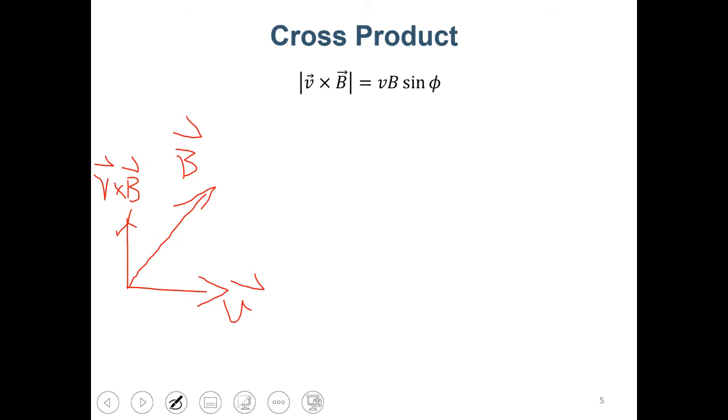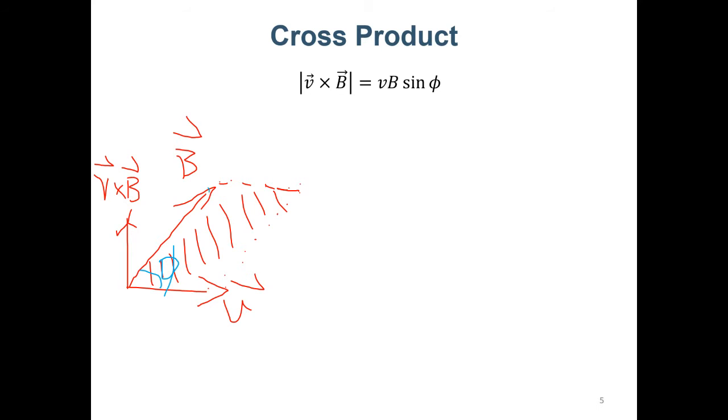And the magnitude of V cross B should be the area of this one, the area of here, and this angle should be phi.